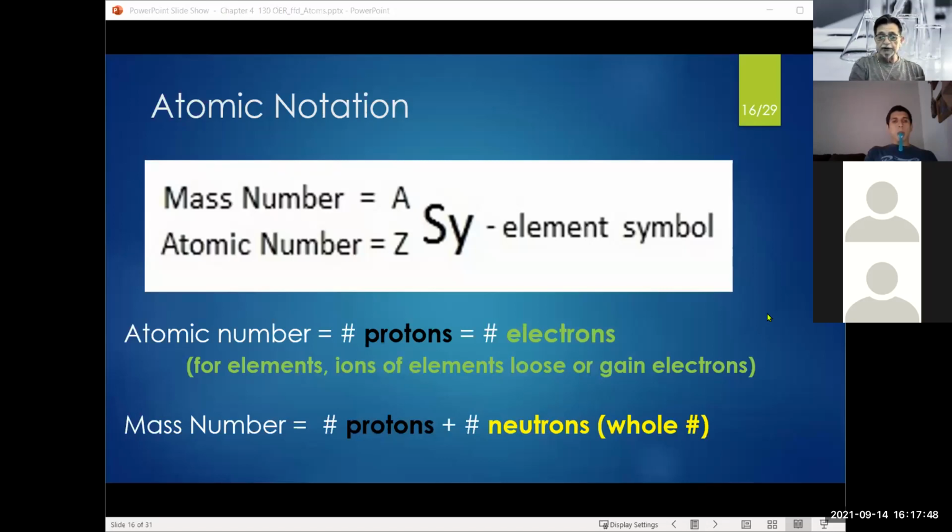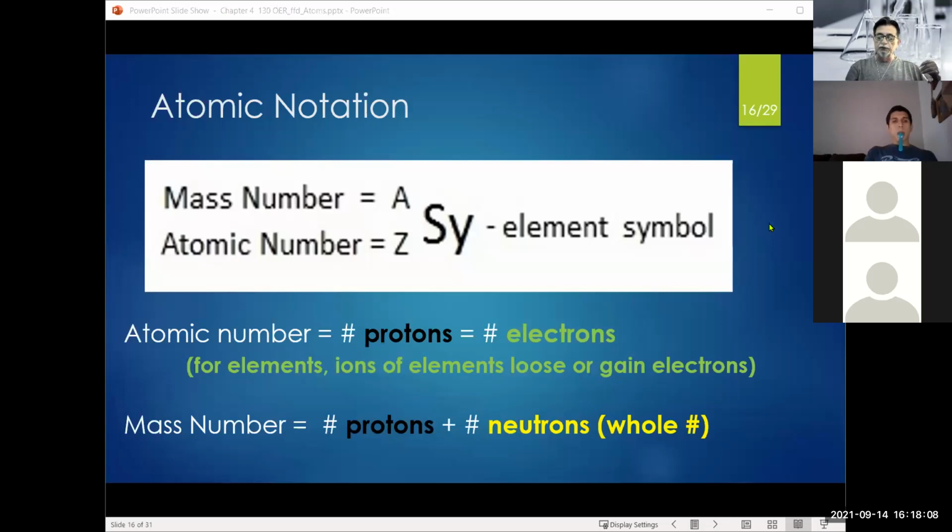By definition, down at the bottom here, you see the mass number. Keep in mind, right now we're talking about whole numbers. The mass number, which is a whole number, is the sum of the number of protons and the number of neutrons.